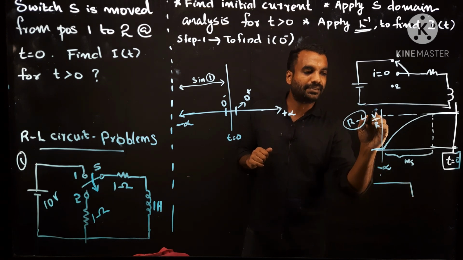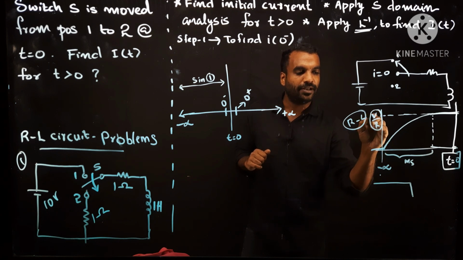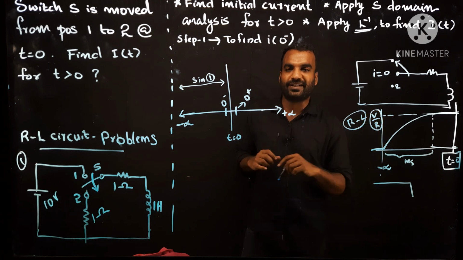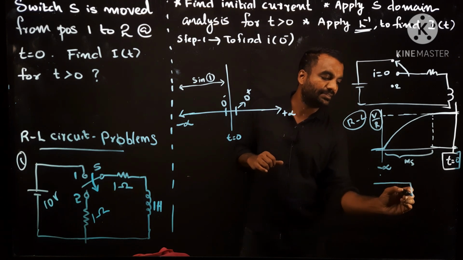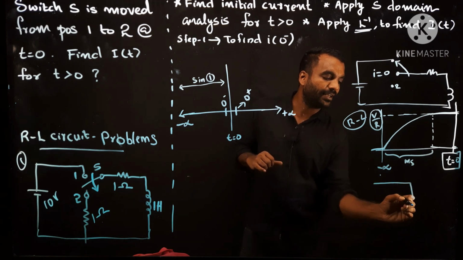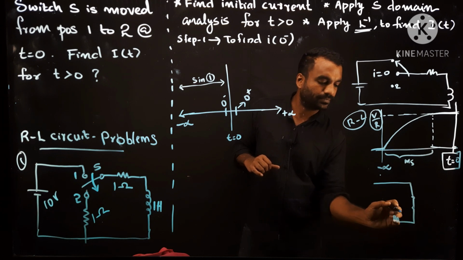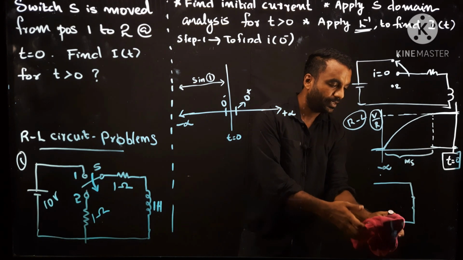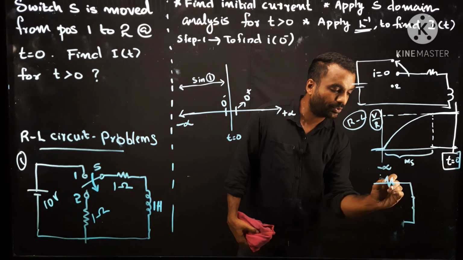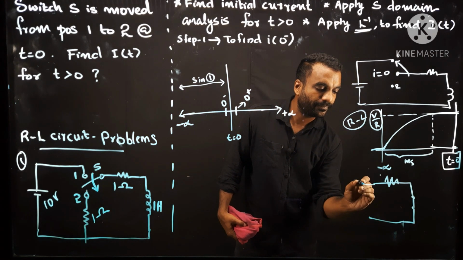Steady state means, please check the equation, current value in steady state, V by R. Is there any effect of the inductor? No. That means in steady state, the inductor behaves as a short circuit. We know that. This is the condition initially.